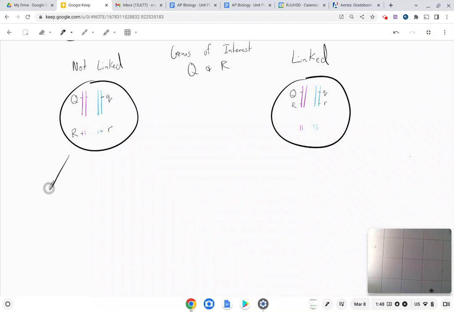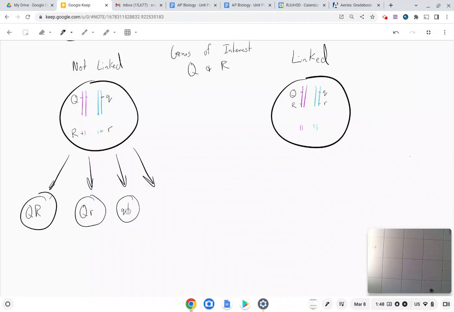However, if they are not linked, then we can get some different combinations. We could have Q and R, but we could also have Q little r. The other possibility, since they're not linked, is we could have that.